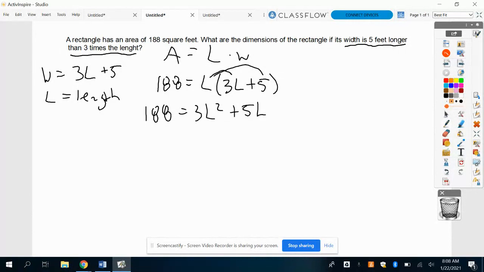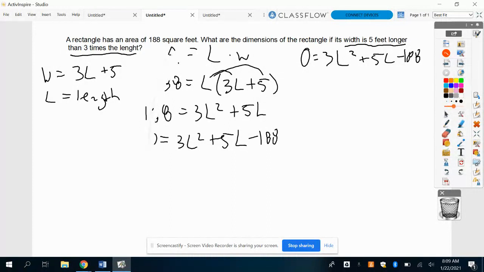Subtract the 188, so you get 0 equals 3L squared plus 5L minus 188. And we now have a quadratic here that we can solve. So let me rewrite the quadratic up here so I can have more room to solve it out for us.